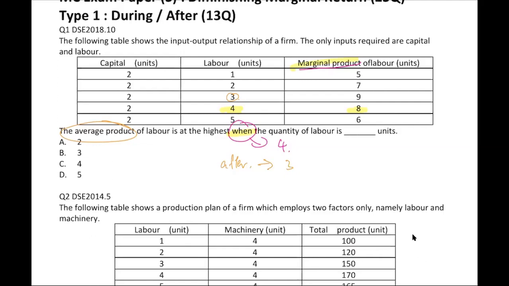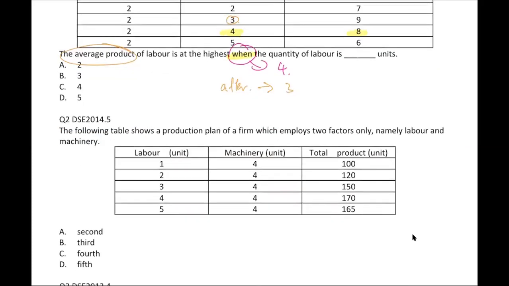But if we use the wording after, we will say that after the third labor, the law applied. Okay, I get it now. It must be 3, because it's the highest marginal product, it doesn't demonstrate the diminishing marginal return. So when you're doing the MCQ, you should be very aware of the wordings. Most likely it should be this one, the higher chance is the when.